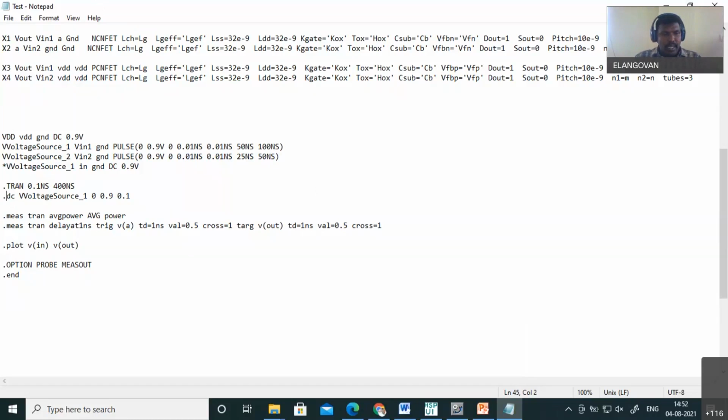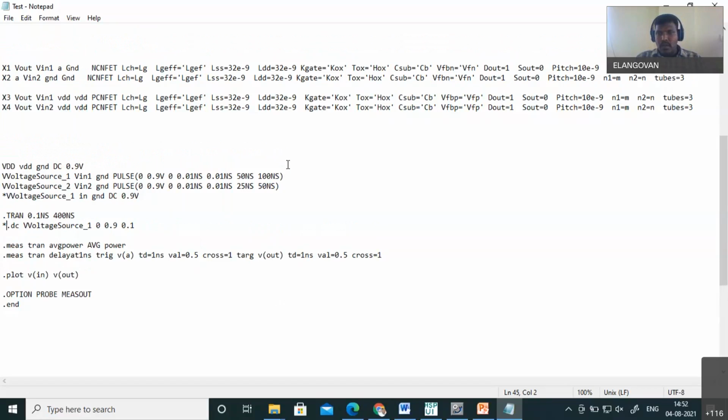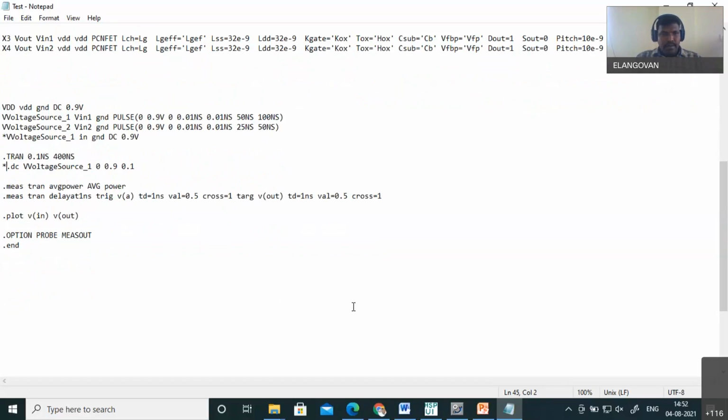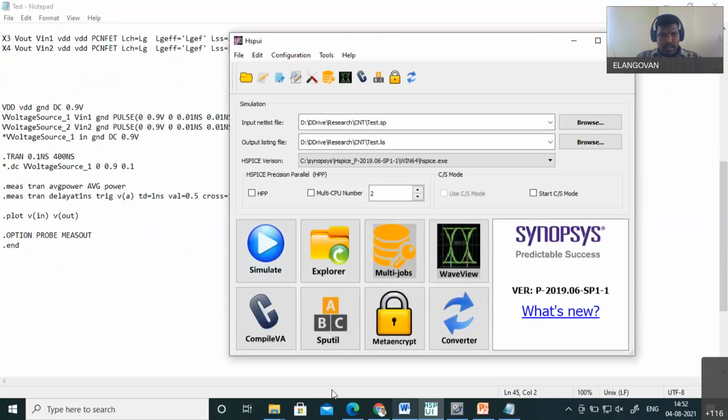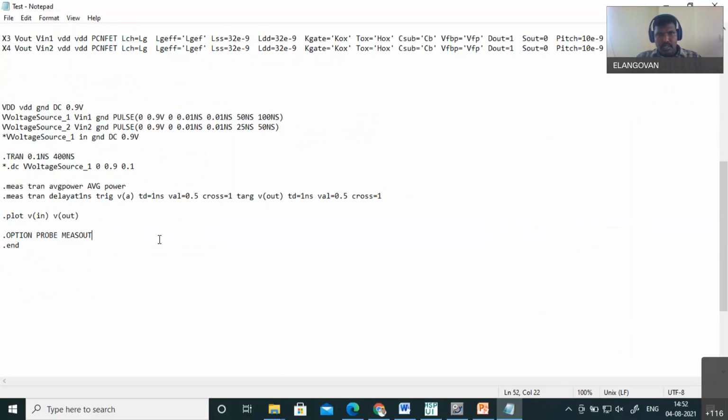So I mute my DC. So I must save my code. Let me check whether my code is correct or not. Yeah. I'm doing the analysis. I saved my code. Yes. Now I'm running.